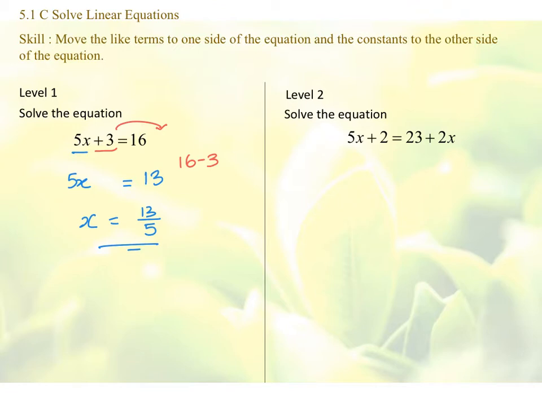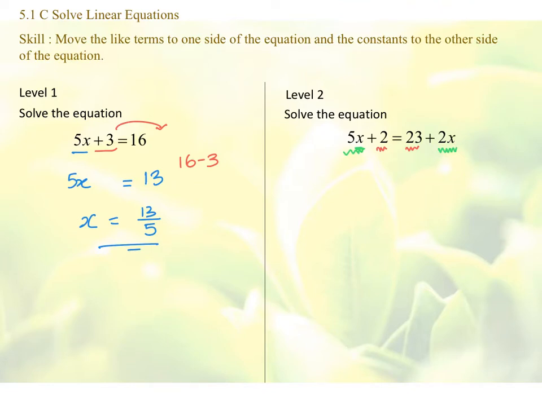Alright, now let's begin. I have 5x plus 2 equals 23 plus 2x. Firstly, where are the like terms? The like terms are, in this case, the constant term with the constant term, and the variable 5x. This is x, the power here is power 1, and this is 2x, so it's another like term.